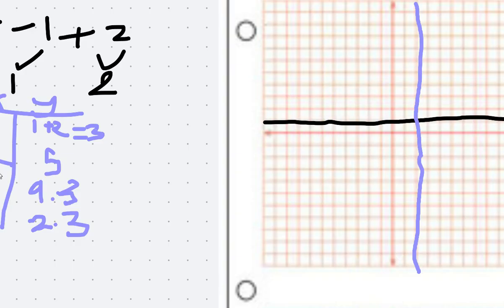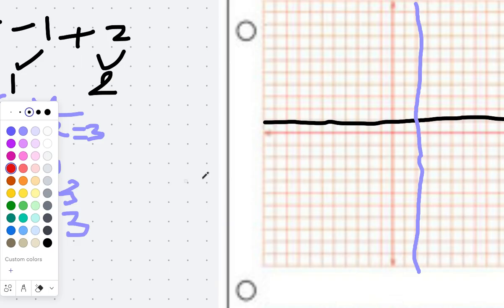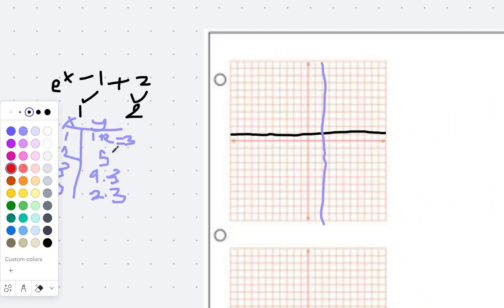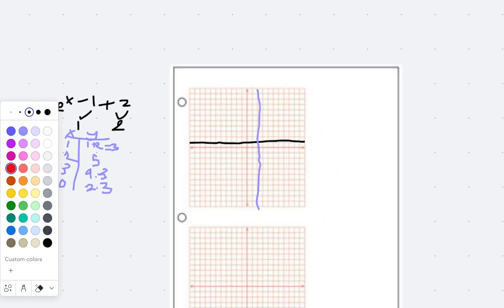We'll look at one more example after this. So let me just get this out of here.